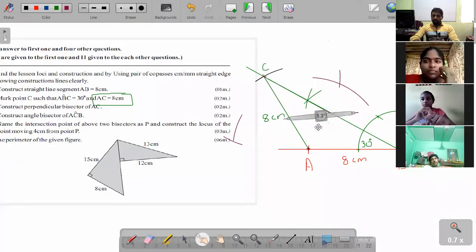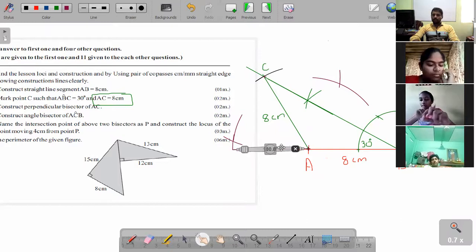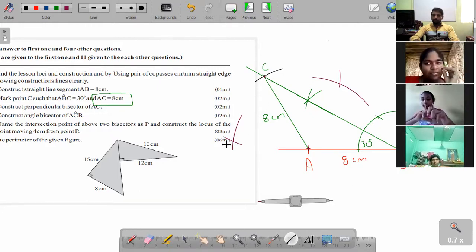Also, I will take again metal point here. That's the 2 points intersecting point. Then you have to join these 2 points. That's the perpendicular bisector of AC.